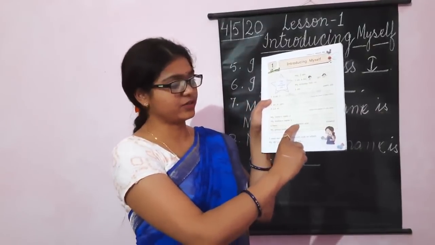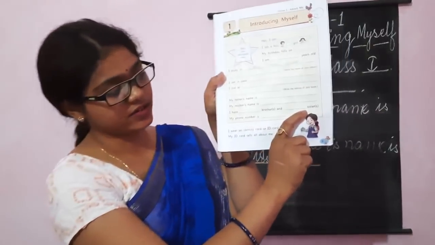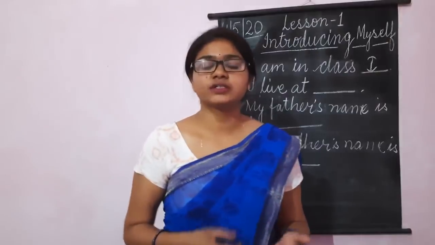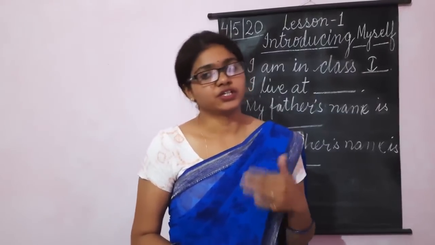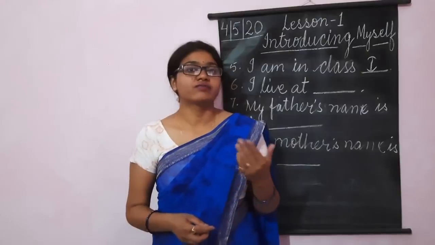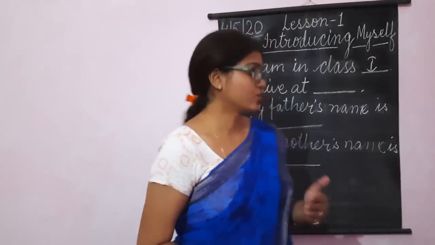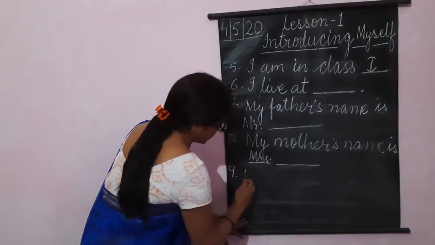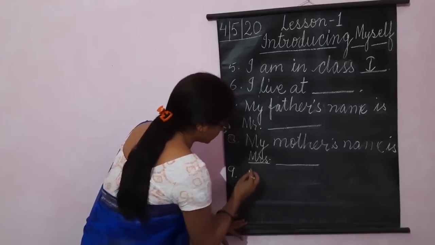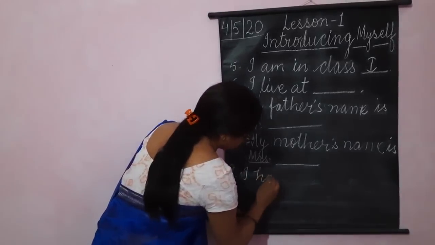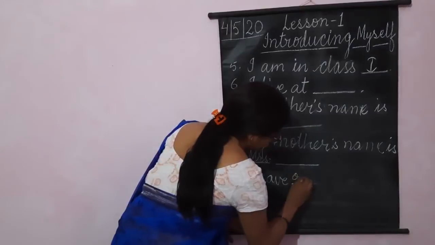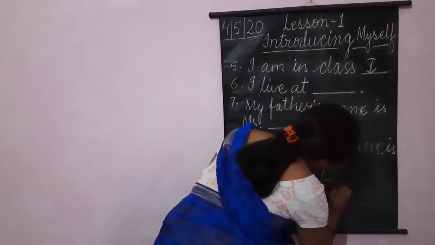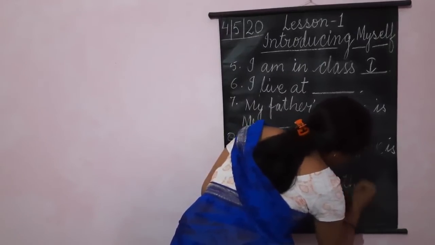I have dash brothers and dash sisters. Do you have any siblings? Siblings means your brother and sister. If you have one brother, you can say I have one brother. If you have one sister, you can say one sister. So the next line in your introduction: I have one brother.